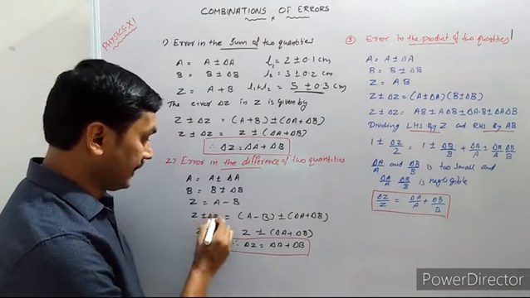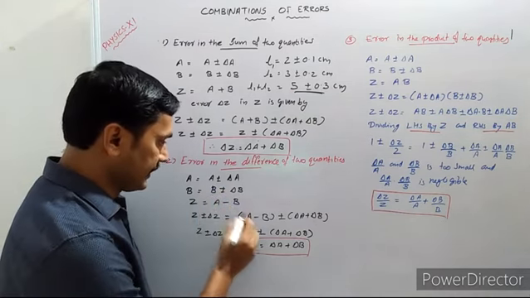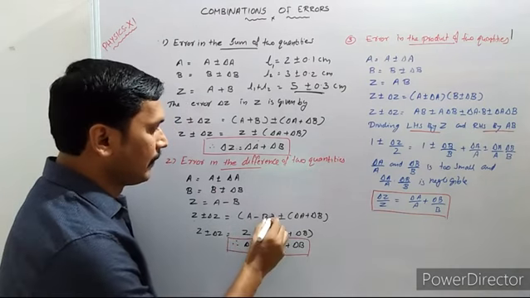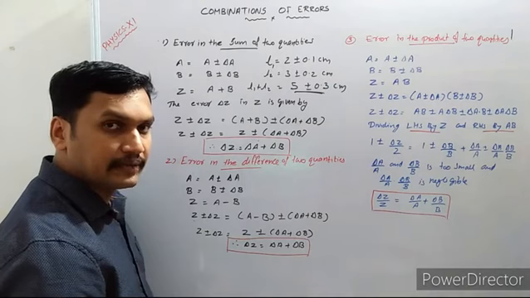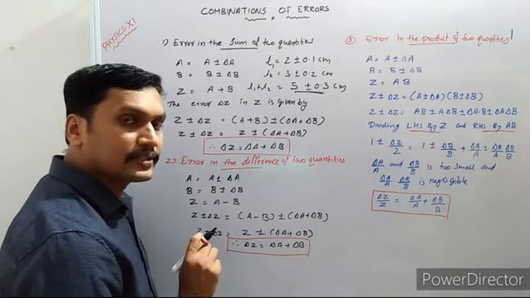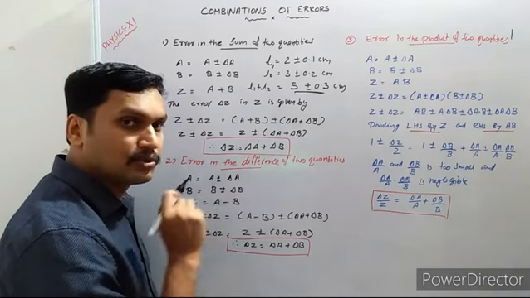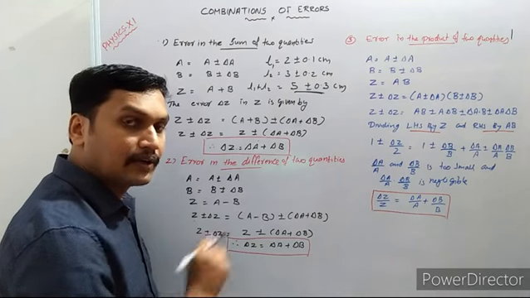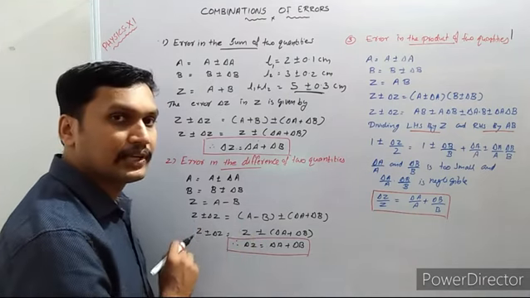Z plus or minus delta Z is equal to, first find A minus B, that is A minus B plus or minus delta A plus delta B itself. It is not delta A minus delta B because the error is always getting added. There are errors in the individual measured values. They will not decrease when you are calculating some result by using those values.